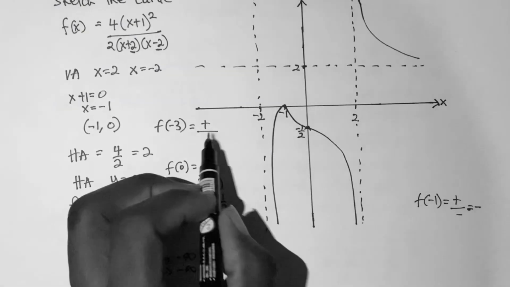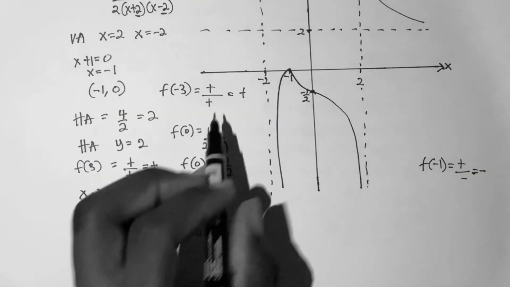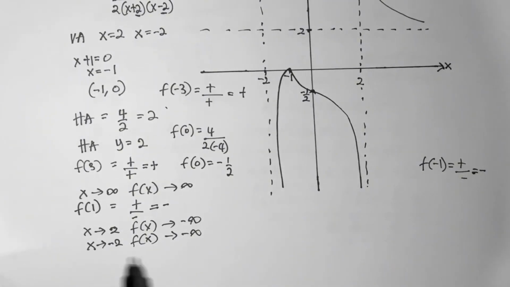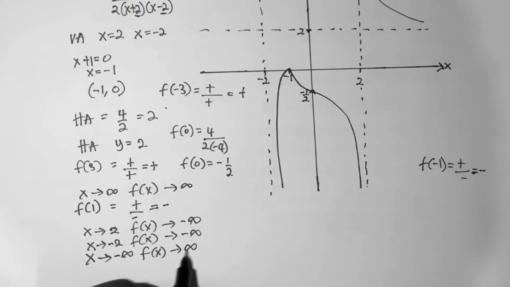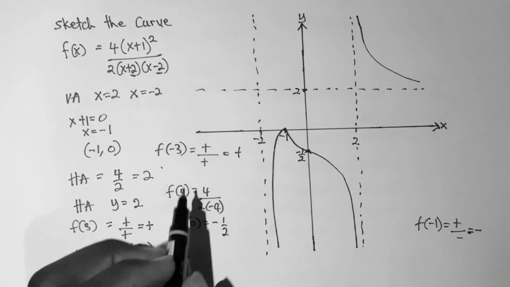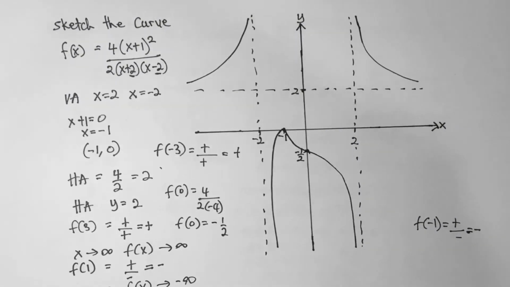Negative number times negative number is a positive number. So the result is a positive number. So what it means is that, let me write it down here, as x approaches minus infinity, f of x approaches infinity. And therefore, the nature of the curve in this region is also going to look like this. So this is how this curve looks like.